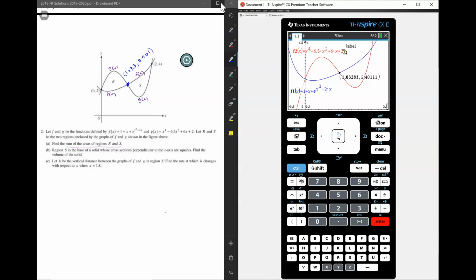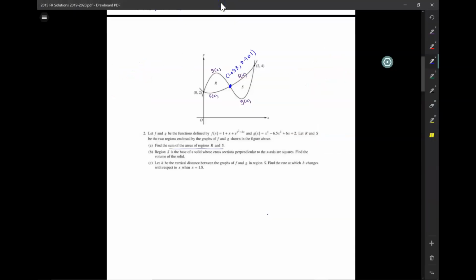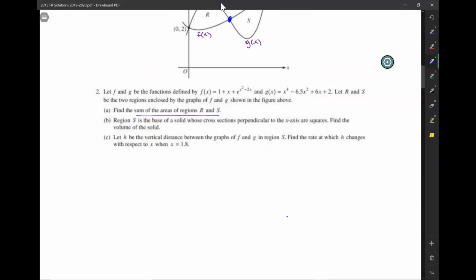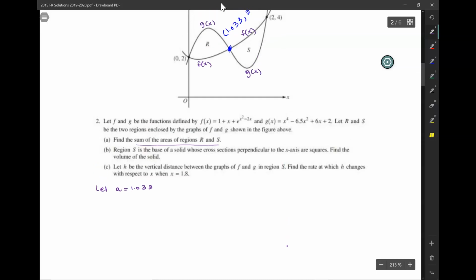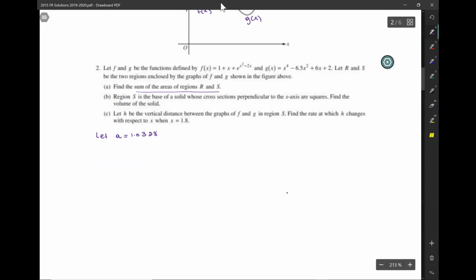Okay, so now you want the sum of the areas. What you need to show here is, because you're given the functions, first you say, let A equal to 1.0328. All right, I just went to one more decimal place.